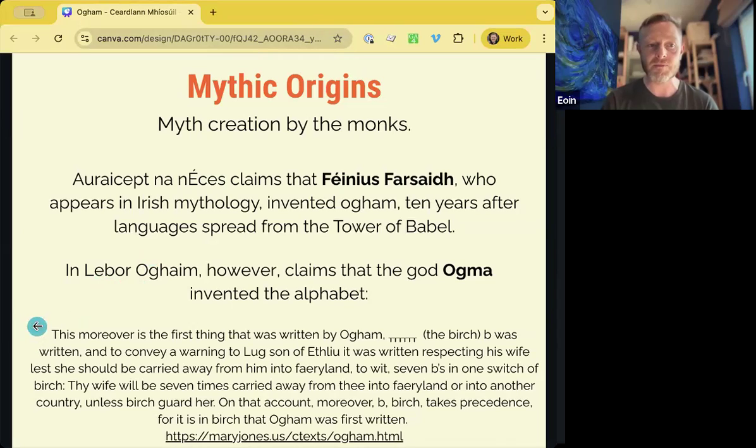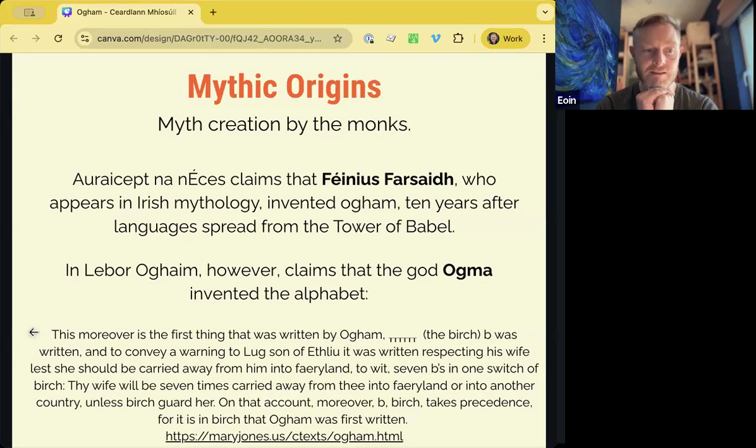I find this interesting. So the translation from the book Lebor Ogaim here, I'll read it out. This, moreover, is the first thing that was written in Ogham. Beith, beith, beith, beith, beith, beith, beith, the birch, 7 times. Written to convey a warning to Lug, son of Ethliu.